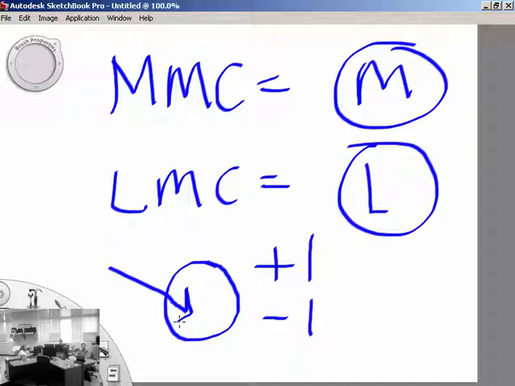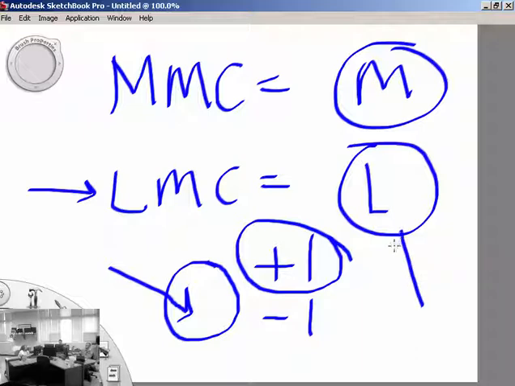Okay, so let's think it through. LMC means least material condition. If I'm drilling a hole, I'm talking about a big hole, right? So that means it is on the high side of the tolerance. So there is my L.